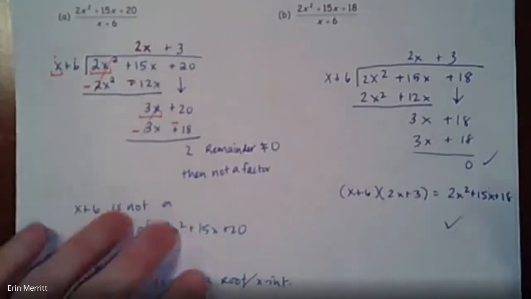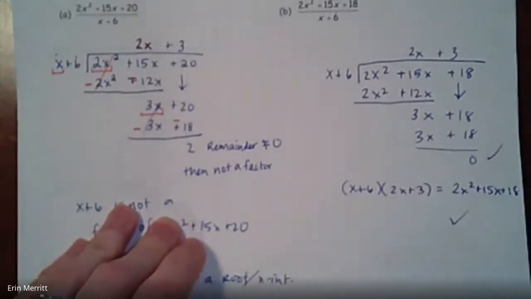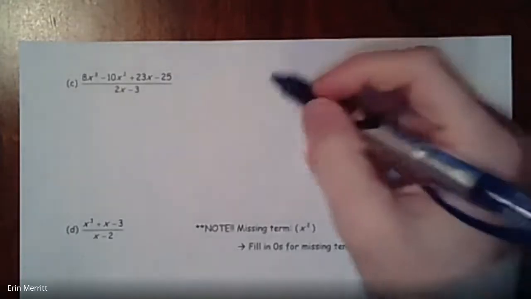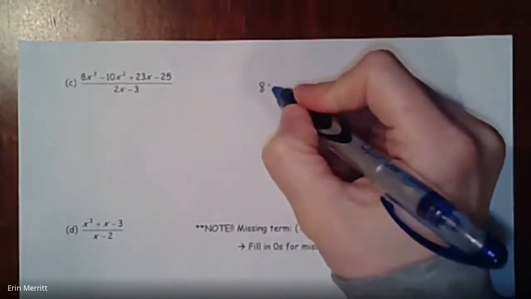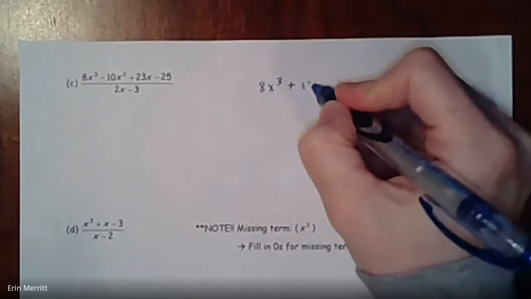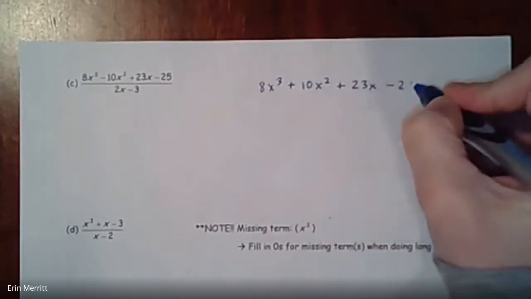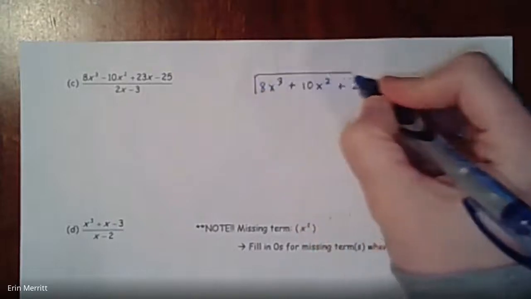All right, let's try it with some larger polynomials. So we're only going to do one or two more, and then we'll leave the rest for the next time I see you in class. So this one here, let's try it on out. We have 8x cubed and so on. So set it up, make sure to leave some space above. So 8x cubed plus 10x squared plus 23x minus 25.